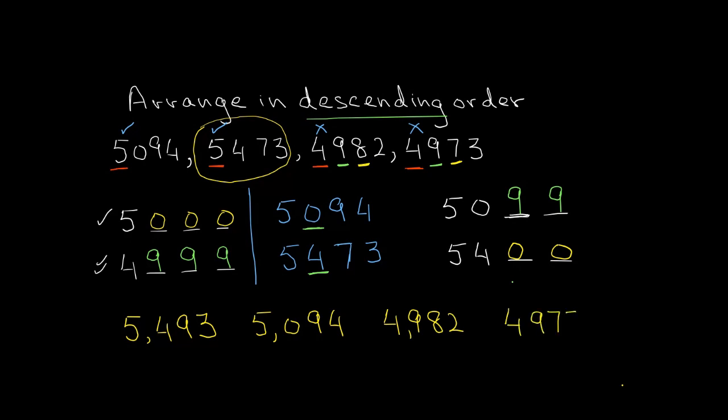So what we're really doing is that if we have two numbers like maybe 5,282 and maybe 5,279, we start comparing the most significant digit. If they are the same, we move on. Then we compare the next most significant digit. If it's the same, we move on. Then we look at the next most significant digit.